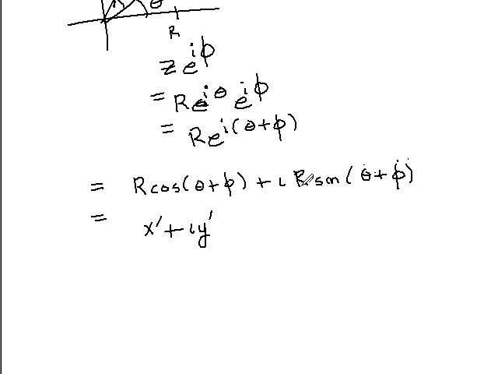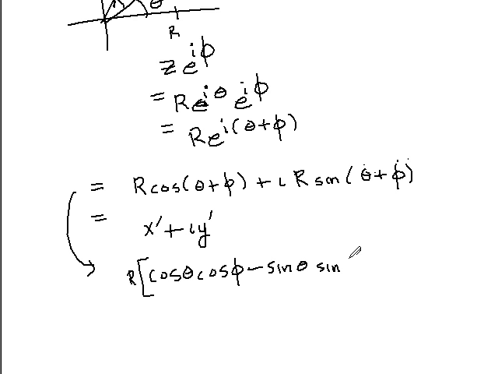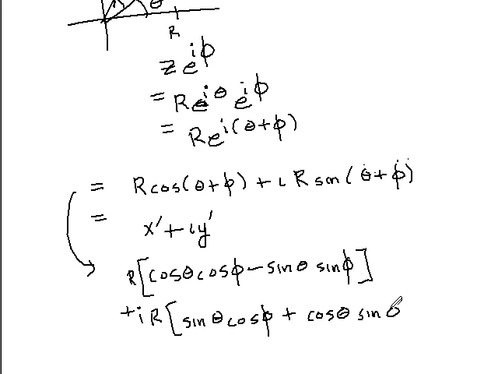Because if I take this, it is r, and then using the cosine of the sum of two angles, this is cosine theta cosine phi minus sine theta sine phi, plus i times r, then the sine of the sum is sine theta cosine phi plus cosine theta sine phi.